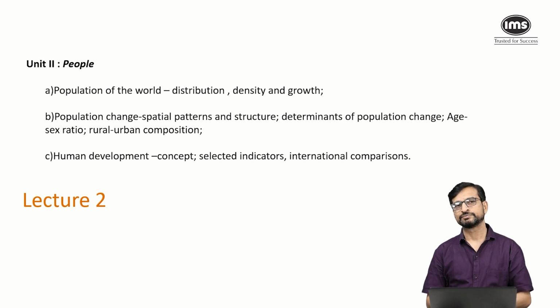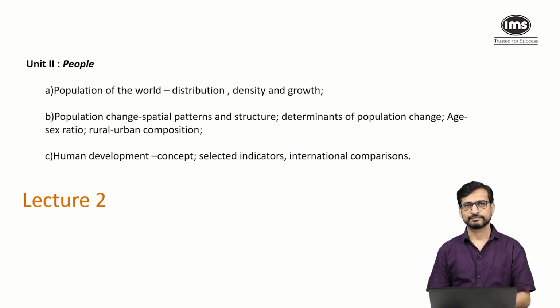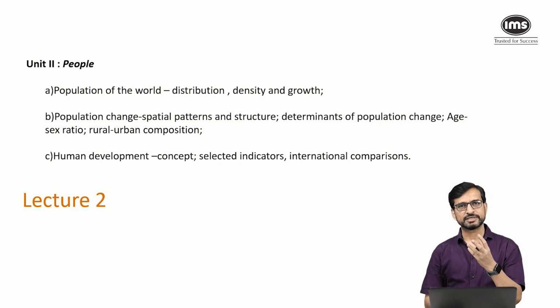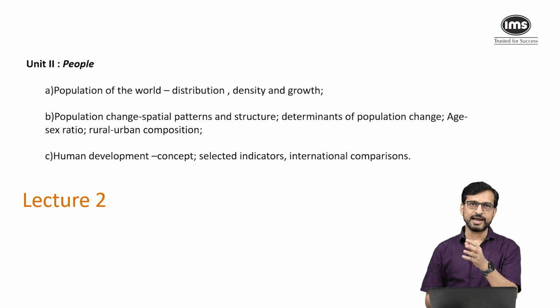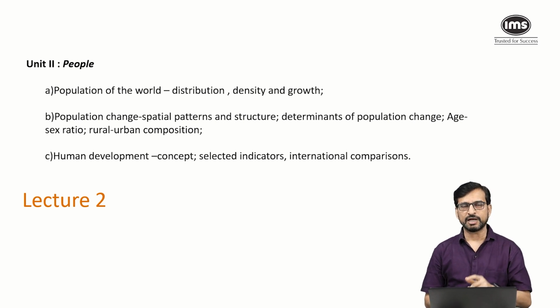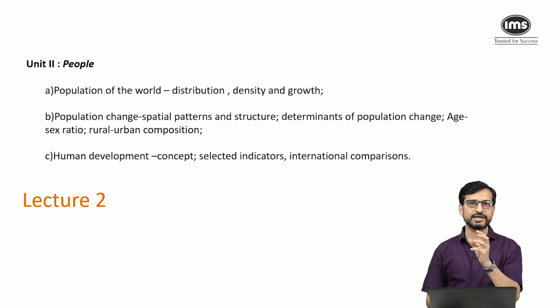Now density. Density as a term is the number of people residing in one geographical unit. That unit can be a kilometer, a meter, or acres. Whatever unit you take, for example, I take the kilometer, the number of people residing in 1 square kilometer area of a particular place is called density.